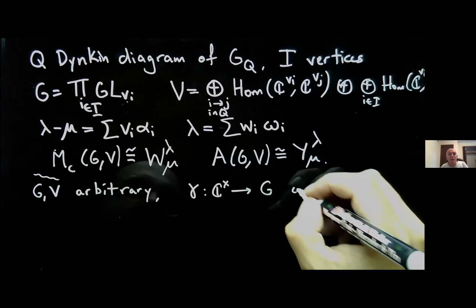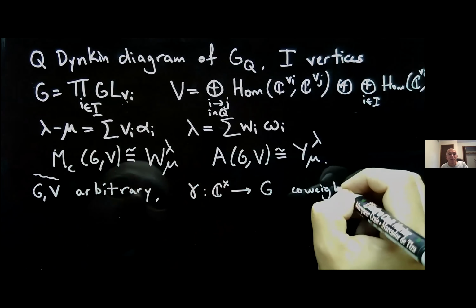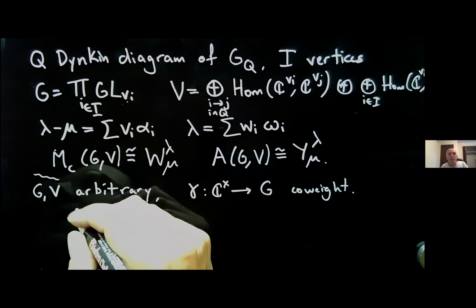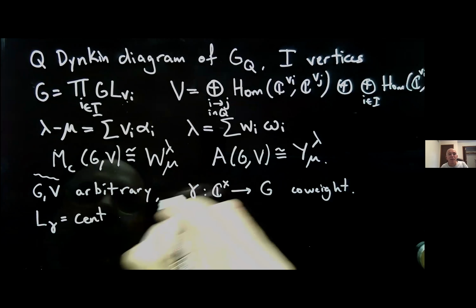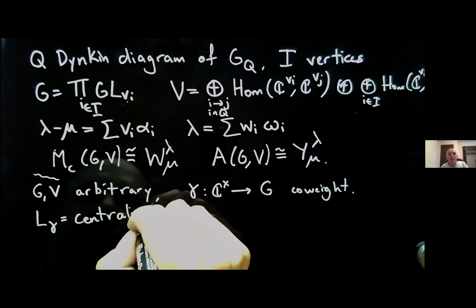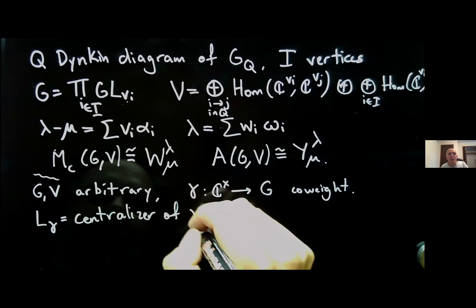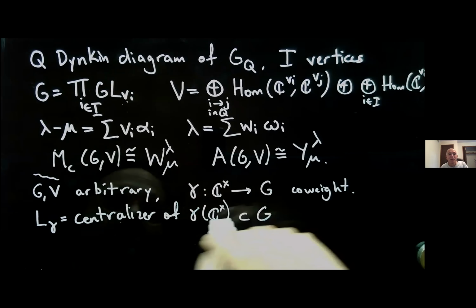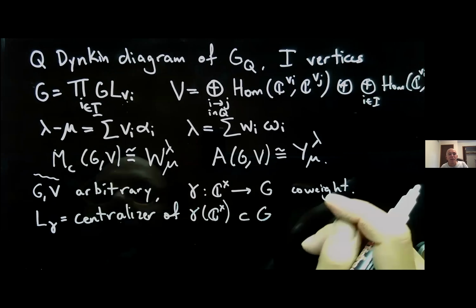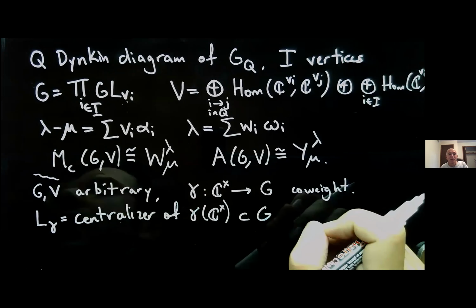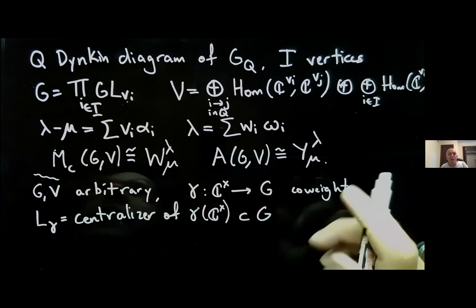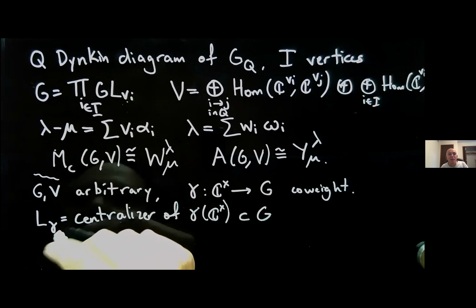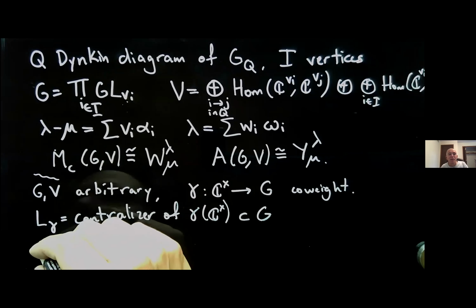And then I'm going to look at another group, which is called L_γ, which will be the centralizer of the image of γ. So that's some Levi subgroup inside of G. It contains the maximal torus of G because γ maps into the torus. And then we'll also be interested in reducing the representation. I made the group smaller, now I'm going to make the representation smaller.